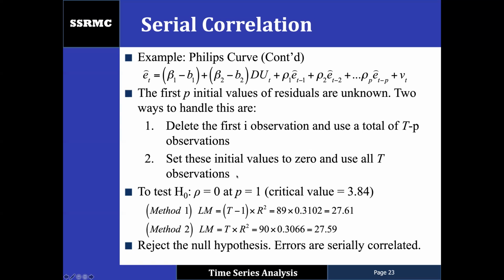This is commonly used when the sample size isn't that large, and it is reasonable to assume that older data have much less influence compared with the more recent data. So even if our estimation is wrong for those early initial values, those first P values, we set them to 0.